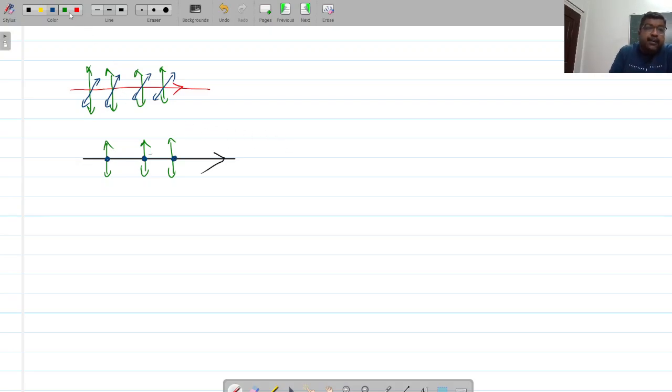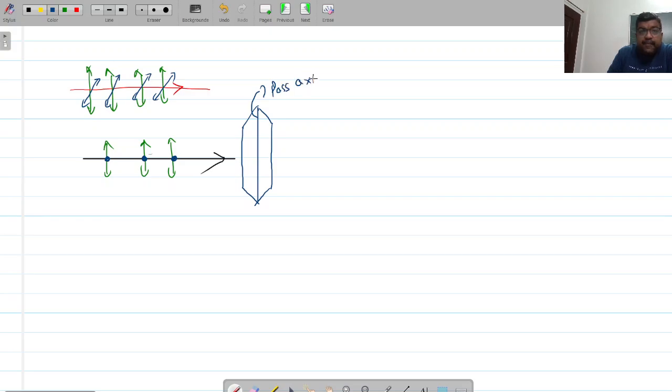Now here we have a Polaroid, and for this Polaroid, suppose this is the pass axis. This is called the pass axis.